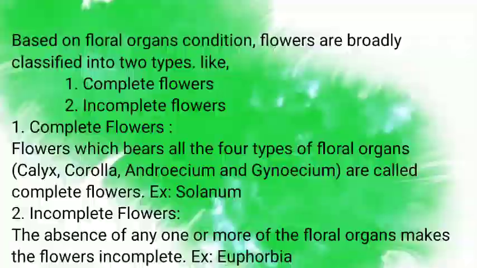Flowers which bear all four types of floral organs, like calyx, corolla, androecium and gynoecium, are called complete flowers. Example, Solanum species. Second one, incomplete flowers. The absence of any one or more of the floral organs makes the flowers incomplete. These are called incomplete flowers.